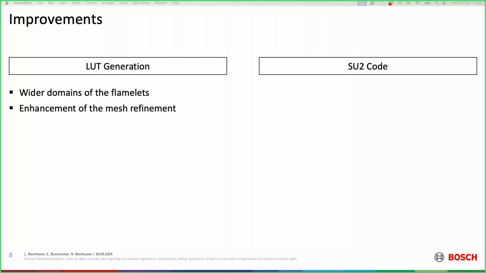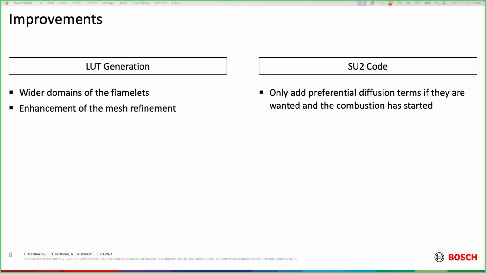In the SU2 code, formerly the preferential diffusion terms were just added in the whole domain. This led to stability issues, and now we only add the preferential diffusion once the combustion has already progressed. So in the unburnt region, we only add the regular diffusion terms, and then when the combustion has started, we add the preferential diffusion terms.